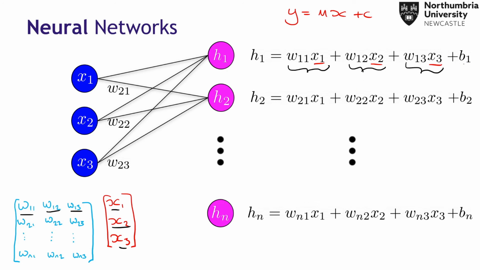Then we want to add the bias terms b1, b2 to bn. We can do that very simply because vector addition is a much more straightforward process. And you will actually end up getting your list of hidden nodes.